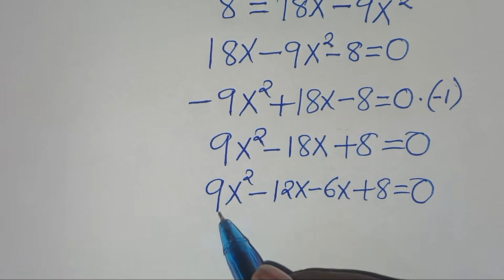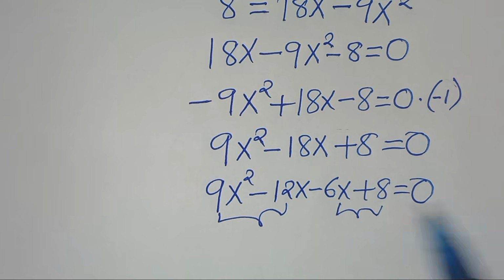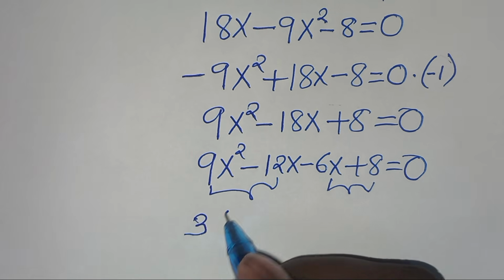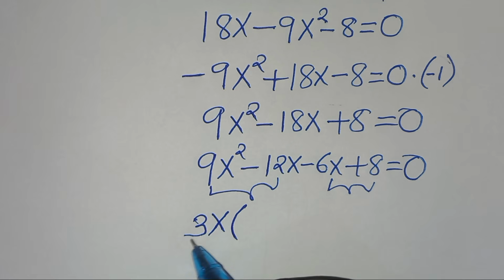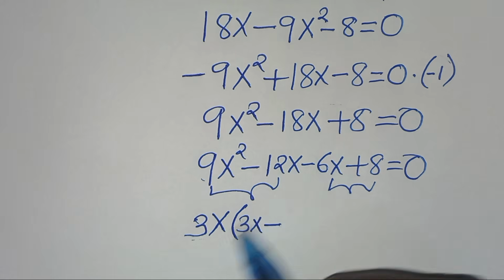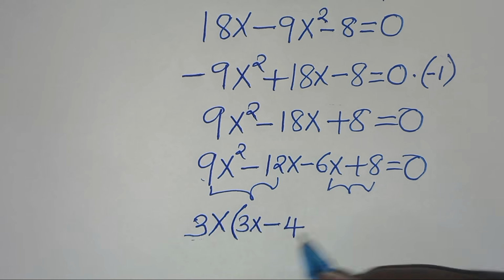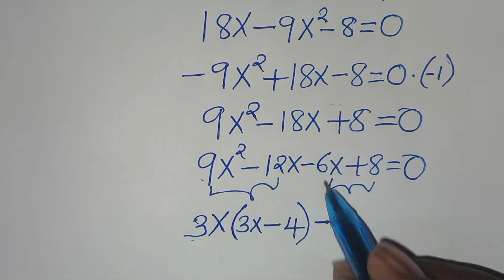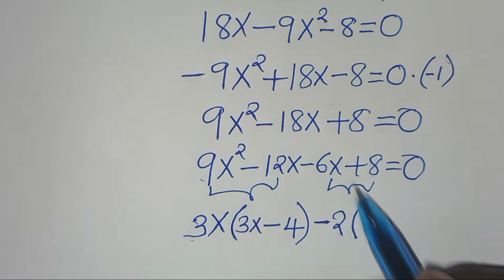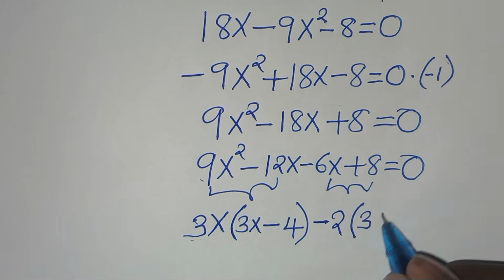So this means that we have got two parts here. From the first part, we have that 3x is common here. We factor out 3x. 9x squared divided by 3x, we have 3x. Subtract 12x divided by 3x, this is 4. Then subtract 2 is common here. So we have 2. Then 6x divided by 2, this is 3x.